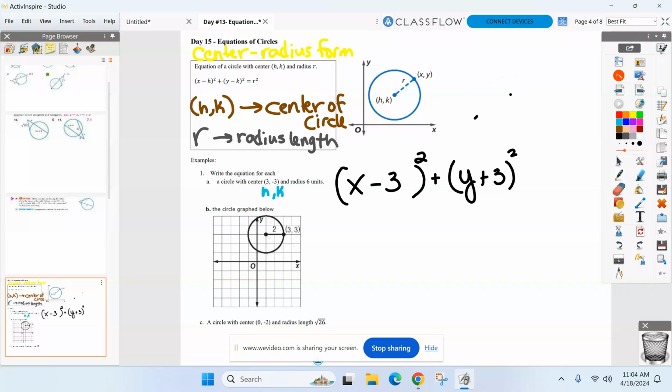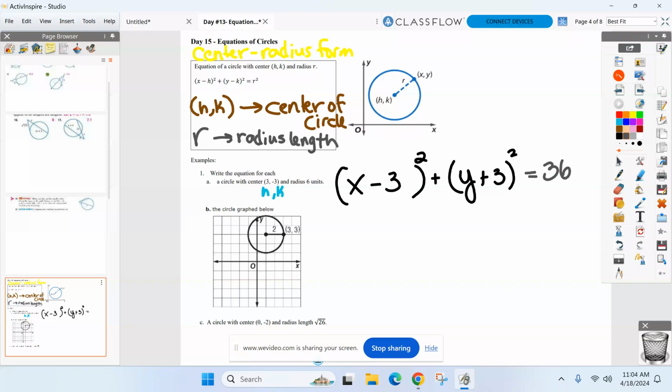All right, and then on the other side of the equal sign, be careful here. It's not equal to 6. Look at the form, look at the equation. It's r squared, and I don't want 6 squared either, because you're in honors math. Put what 6 squared is: 36. I told you I had good news for you.